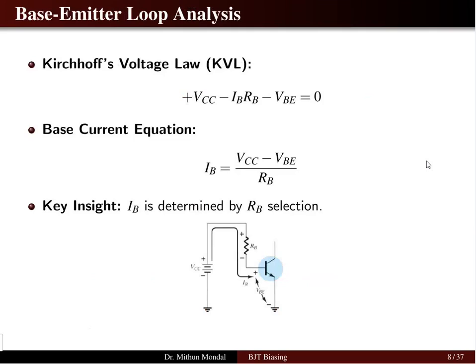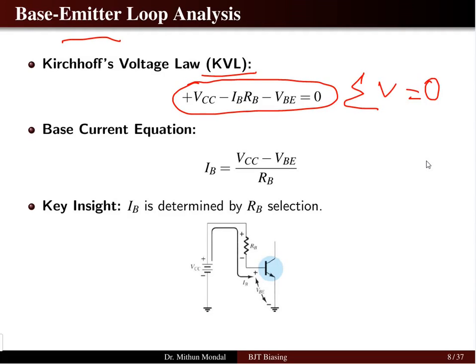If we do the analysis in the base-emitter loop and apply the KVL equation, we can write the summation of all the voltages in that loop to be 0, in accordance with Ohm's law.